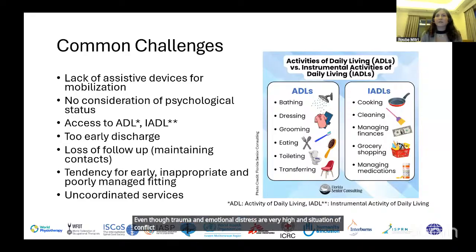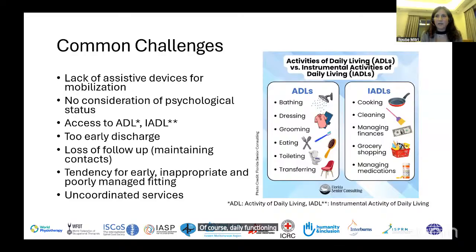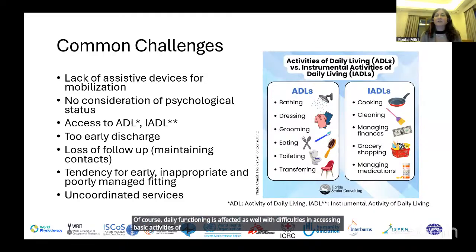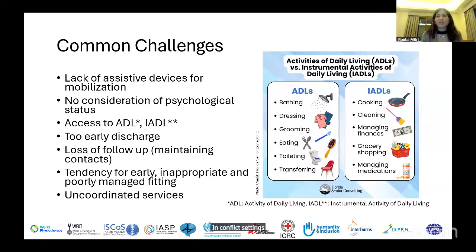Of course, daily functioning is affected as well, with difficulties in accessing basic activities of daily life, and even more complex tasks like instrumental activities of daily living. In conflict settings, patients are often discharged too early due to pressure on services. And unfortunately, follow-up is frequently off.